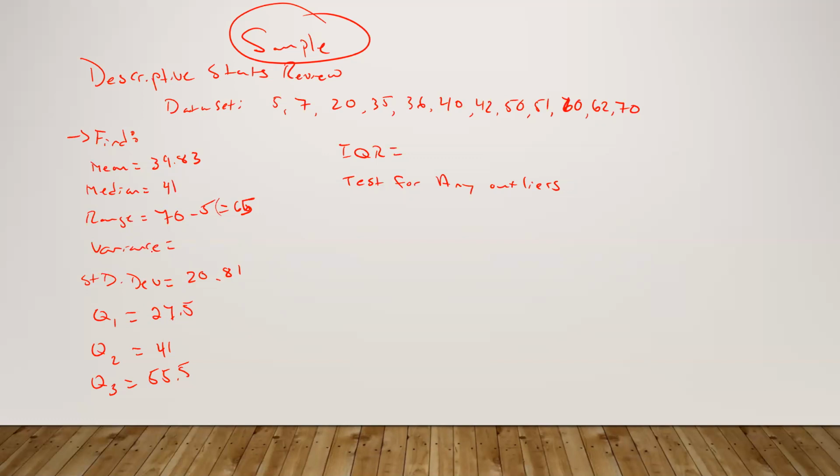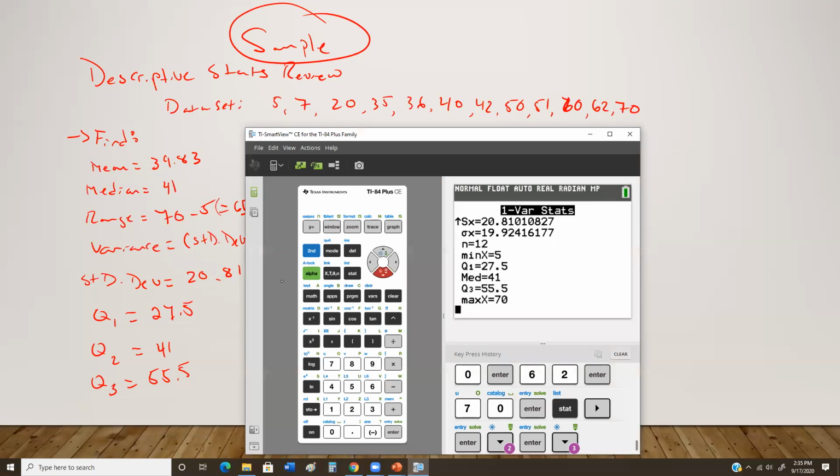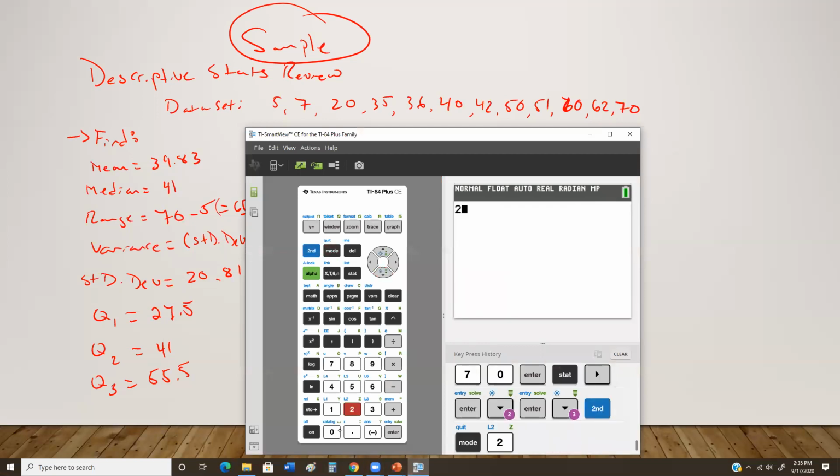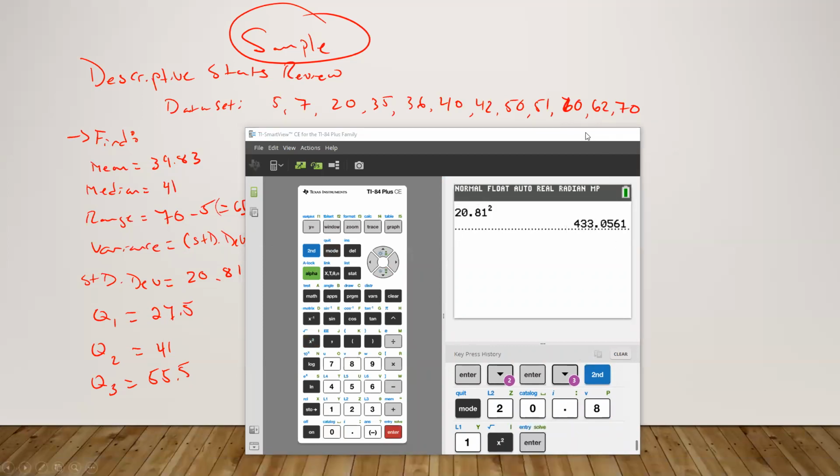So to figure out the variance, all you have to do is square the standard deviation. So you just take 20.81 squared. I don't know what that gets me, 400 something. 433, I'll just round it. Yep, thank you.